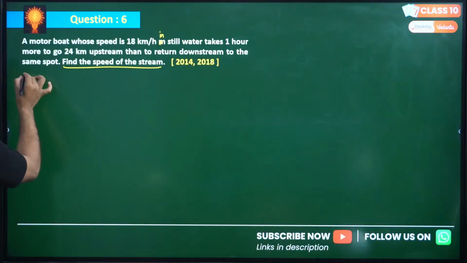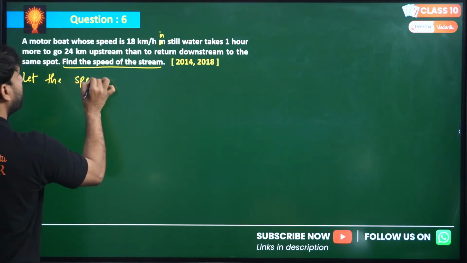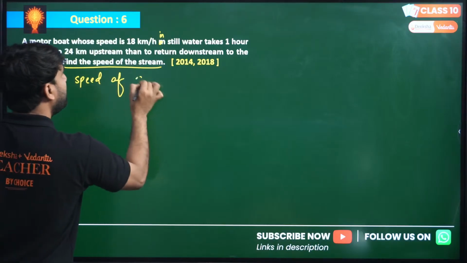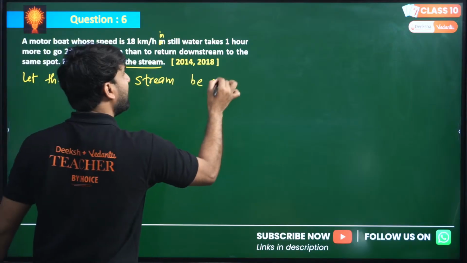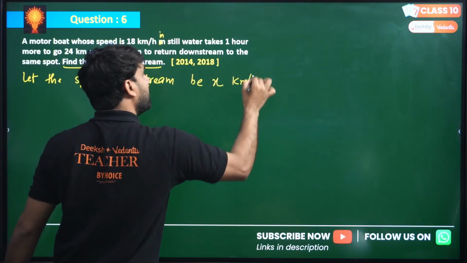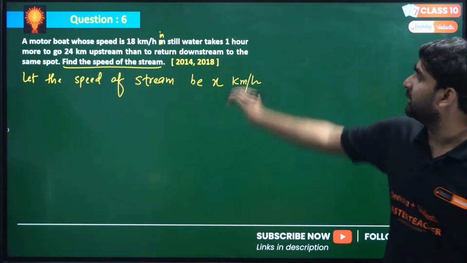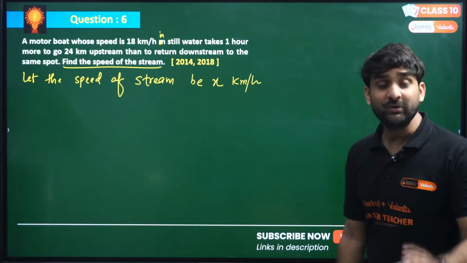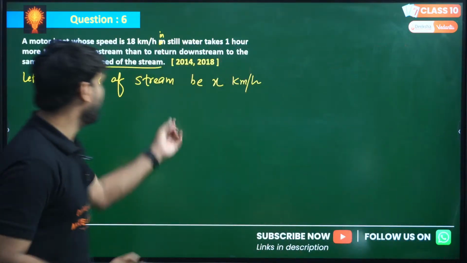So let the speed of stream be x km per hour. Yes, let the speed of stream be x km per hour. You know a stream? The speed of flowing water is called stream. Okay, so x km per hour.